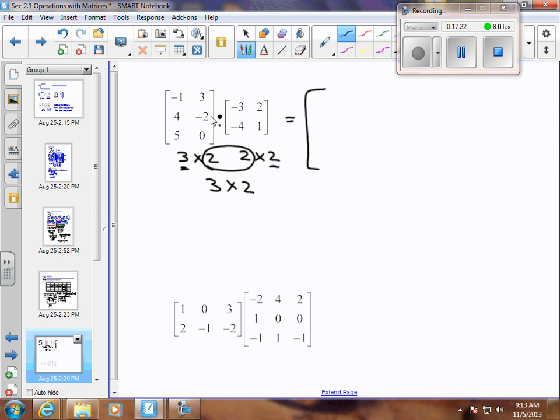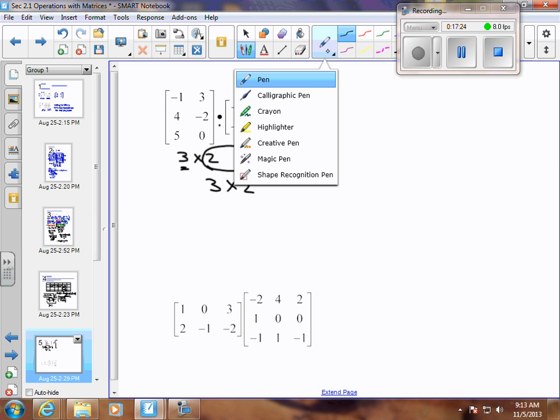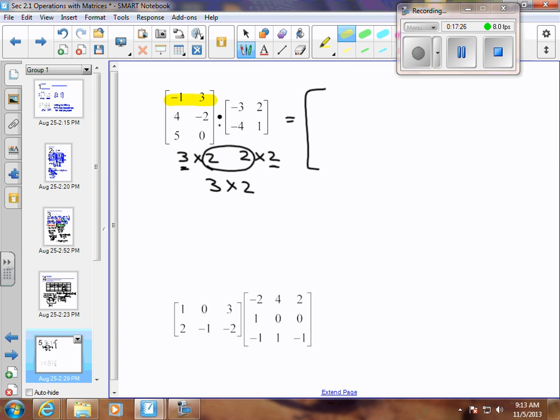So we start by multiplying the first row by the first column. And I'll write this step down the first time. Normally we can do a lot of this in our head and not have to write down so much. So it's -1 times -3 plus 3 times -4.